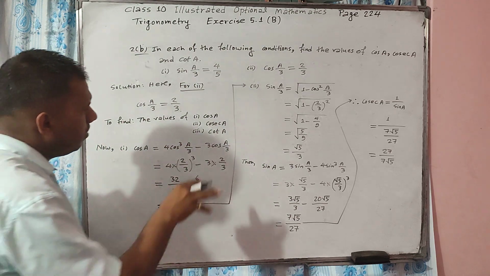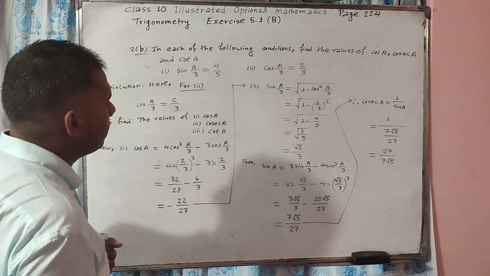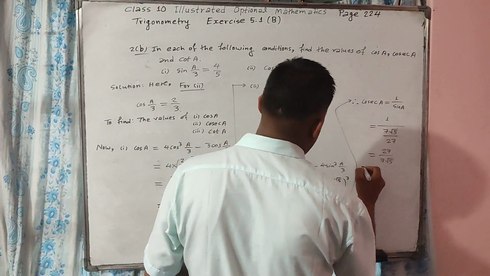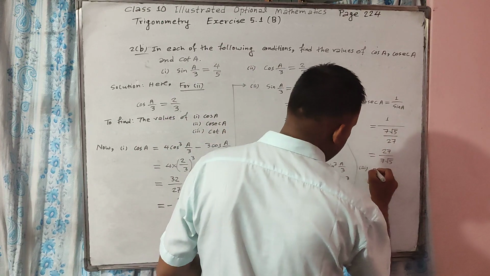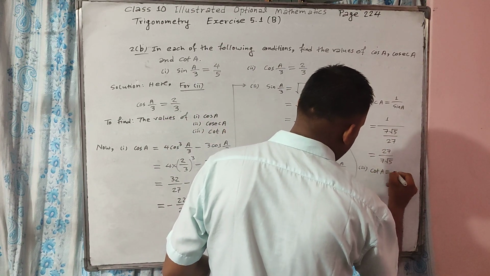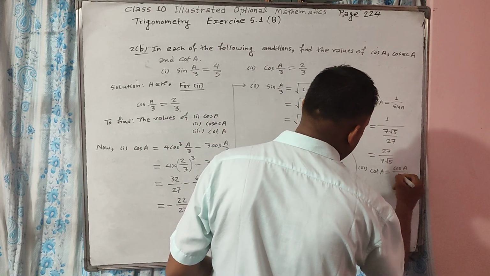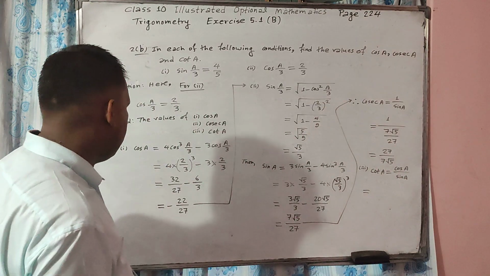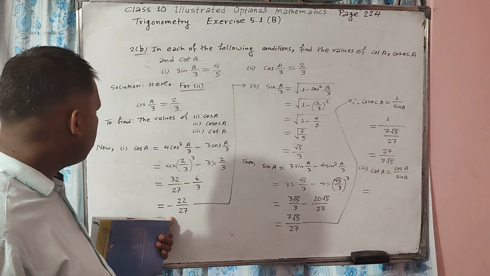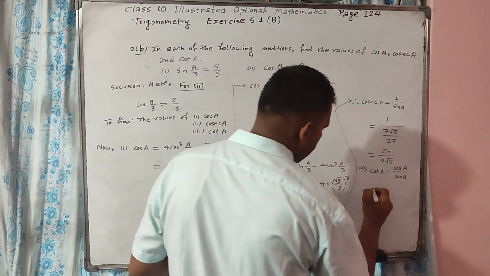Now, third question, we have to find cot A. Number 3, cot A equal to cos A upon sin A. The value of cos A is minus 22 by 27.